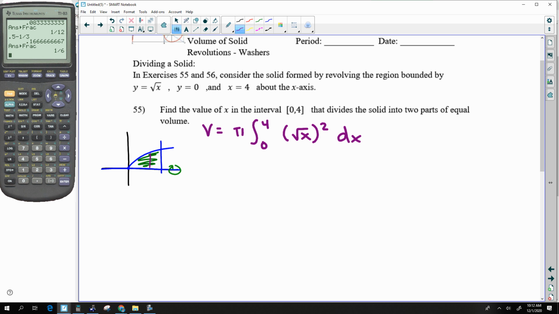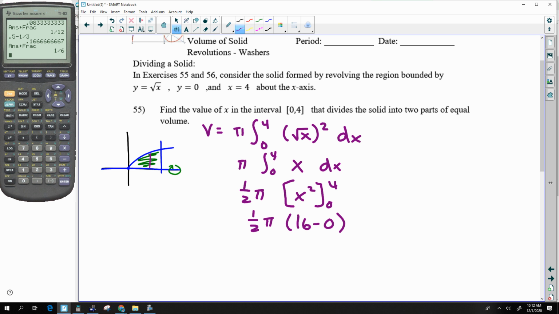And so this is just going to be x, so this is going to be 1/2 x squared. This is 16 minus 0. So half of that is 8. Okay, so that is the volume.